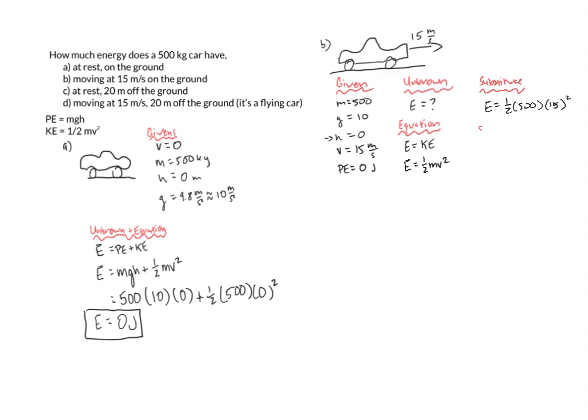And I am now ready to stick that in my calculator and solve. And when I do that, I get that my energy is 5,600 joules, or I could also write 5.6 kilojoules. And there we have it. We have now solved for the total energy of an object that only has kinetic energy.